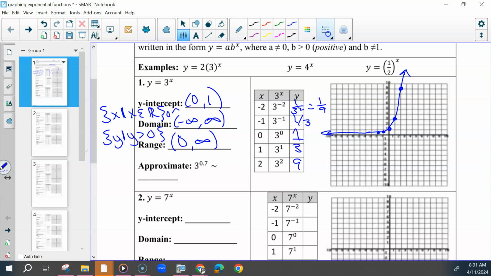And then if we were to approximate 3 to the 0.7, I know that'd be somewhere in between here and here. Looking at where 0.7 would be, somewhere right here. So maybe like 2.5. I'm guessing. In your calculator, actually put in 3 to the 0.7 to make it go.